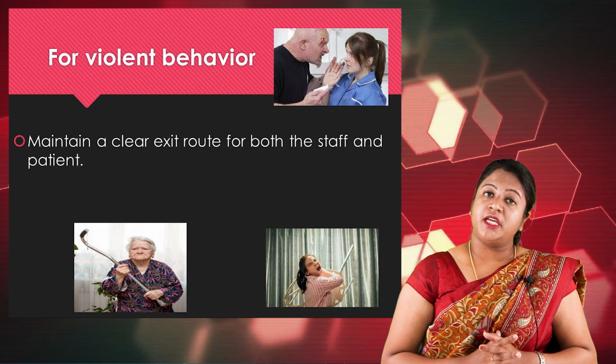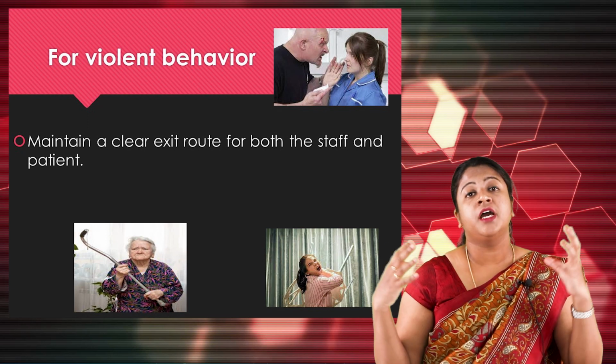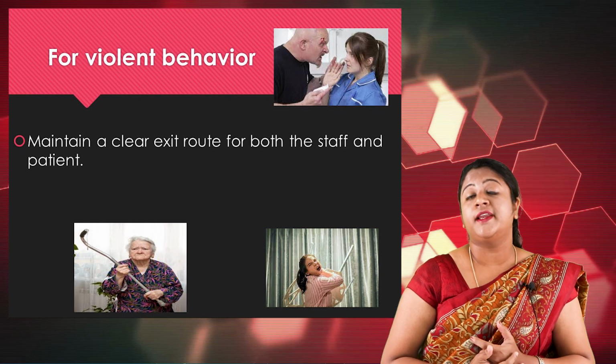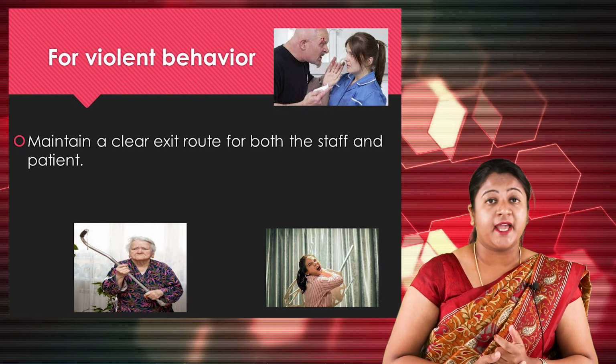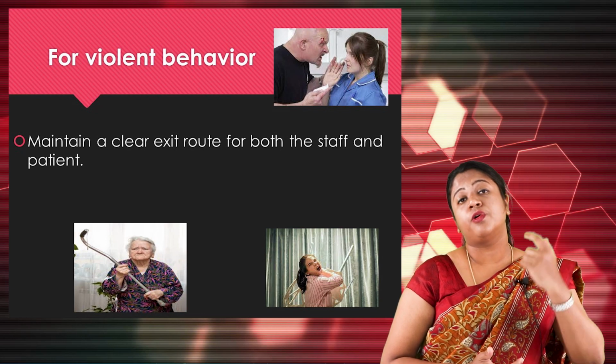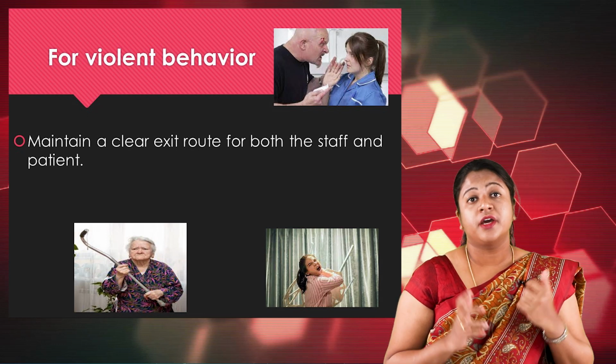Make sure you maintain a clear exit route, not only for yourself but also for the other patients. You do not know when such a violent patient will start attacking. He may attack you or he may attack the other clients. So always make sure that you have an exit route ready.